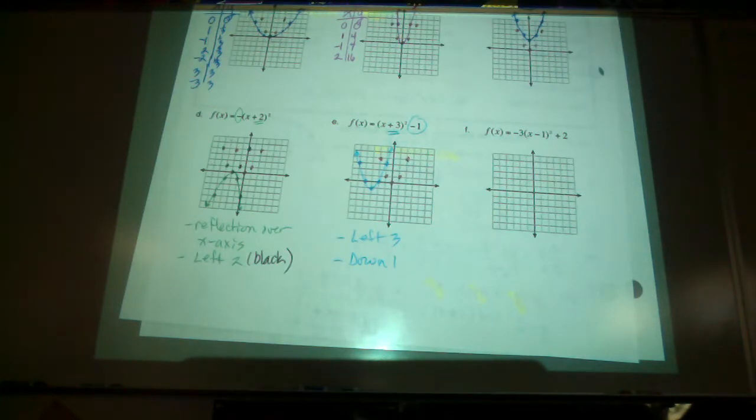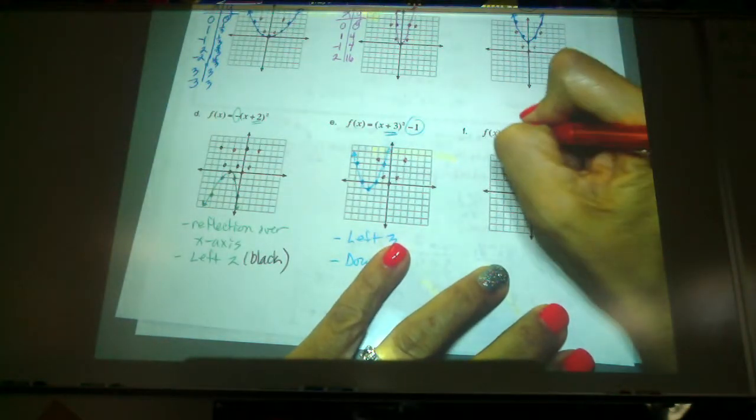Now this last one is a bit of a doozy because it has a reflection, a stretch, a right movement, and an up movement, doesn't it? It has everything in there. So the negative here does what?